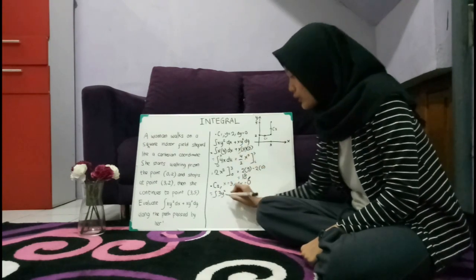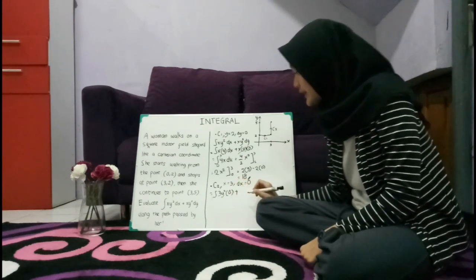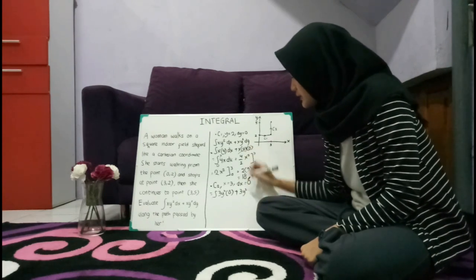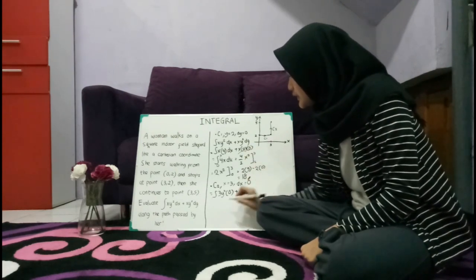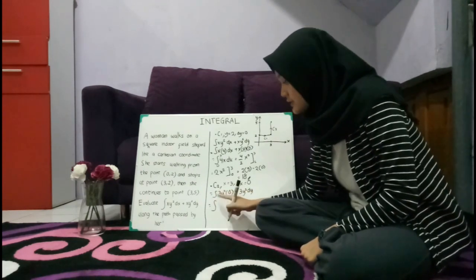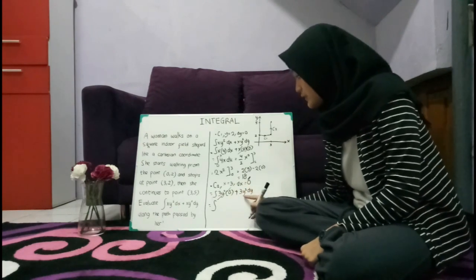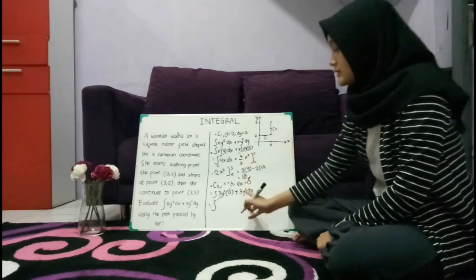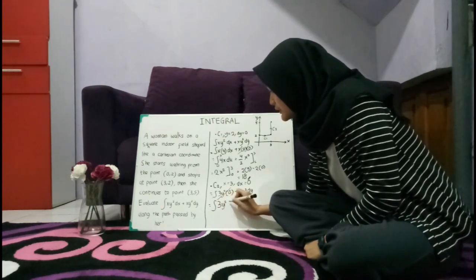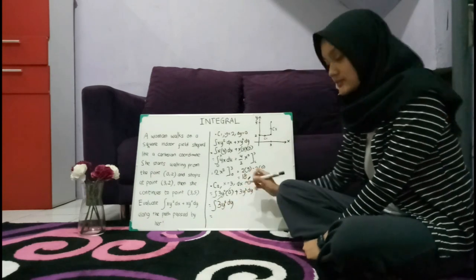Dx is 0, so this disappears, added to 3 y² dy. The first part is 0, so we don't have to write it again, and we just have 3y² dy.